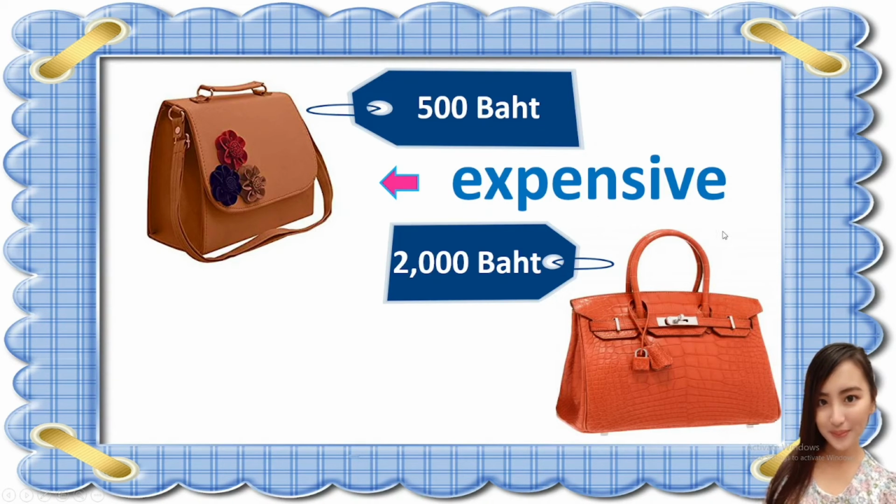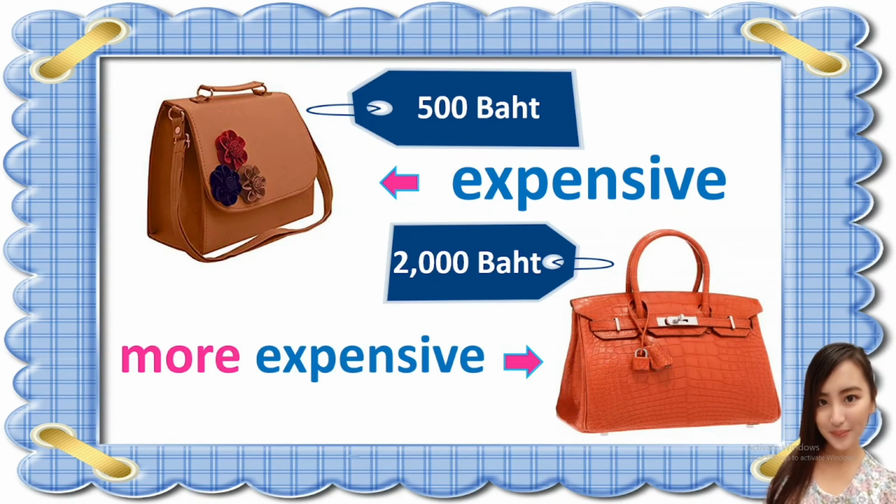This is an adjective and it's long. Expensive, 3 syllables. This is a long adjective. So to make the comparative form, we add more before the adjective. We say more expensive. This is expensive, but this is more expensive.